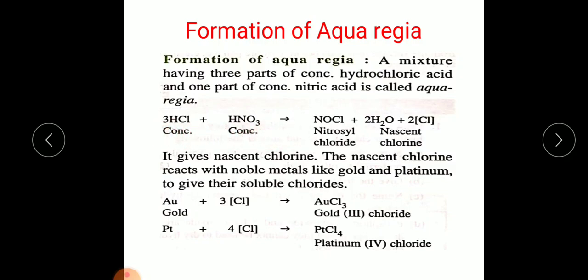When the mixture of these two acids is present in that ratio, we call it aqua regia, and it has the capacity to dissolve noble metals like gold, silver and platinum. Hydrochloric acid and nitric acid react to form nitrosyl chloride and nascent chlorine. This nascent chlorine reacts with noble metals like gold and platinum to give their soluble chlorides. That is why they dissolve.